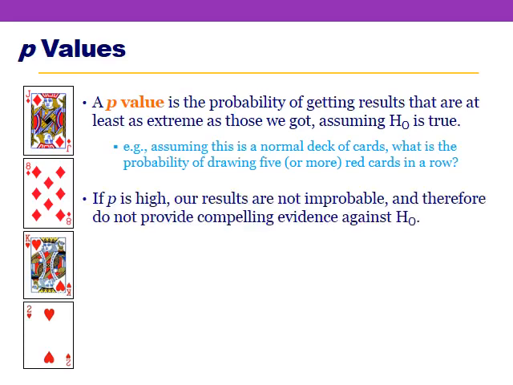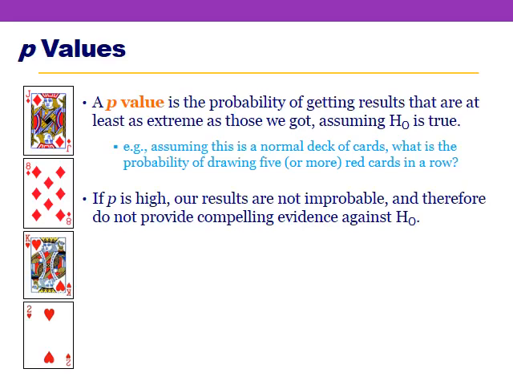Here's how we're going to interpret the value of p whenever we do an inferential statistic. If p is a large number, what that's telling us is that the results that we got were not that strange. They were not that improbable. And therefore, it doesn't provide strong evidence against the null hypothesis.